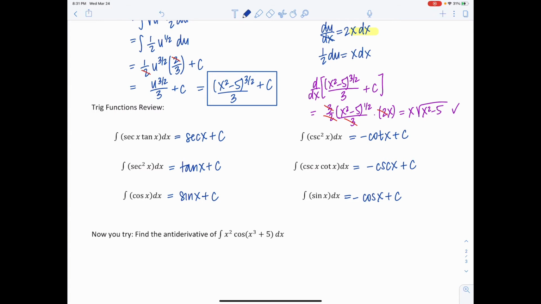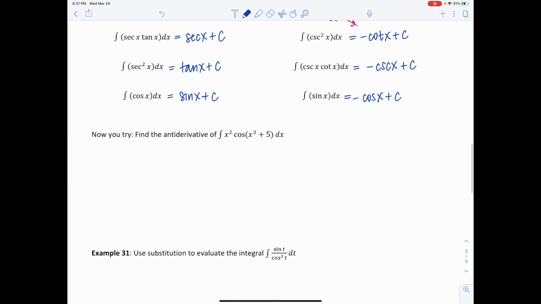All right. See if you can take the antiderivative of this function.